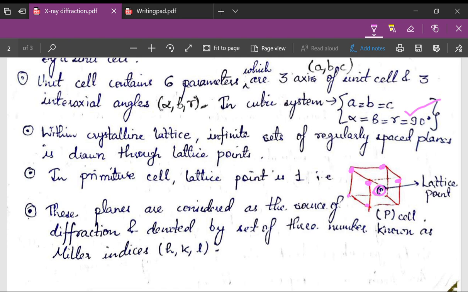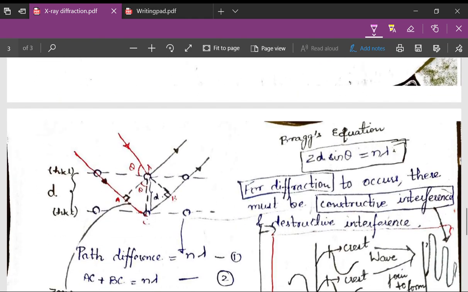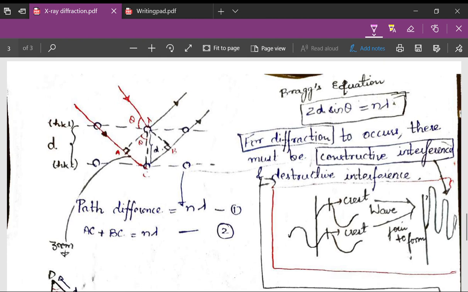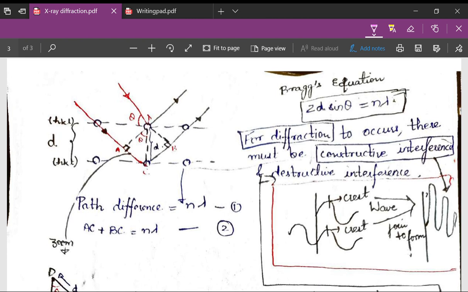These planes are considered the source of diffraction and are denoted by Miller indices. So these are regularly spaced atoms in the crystals.